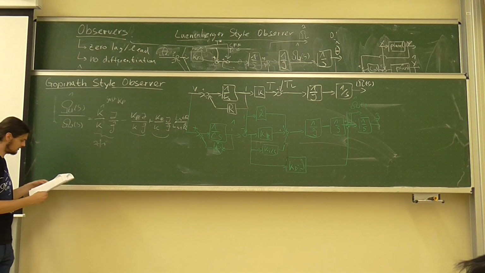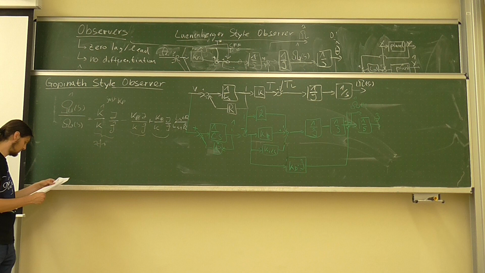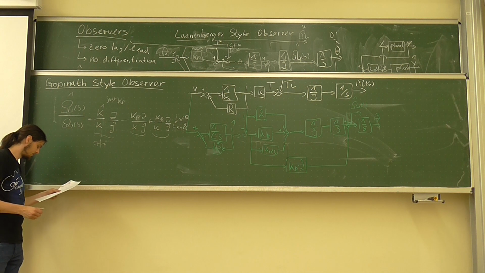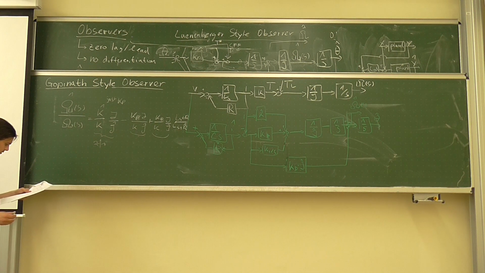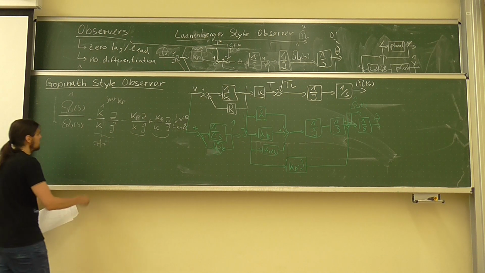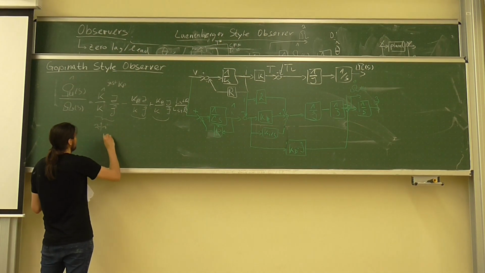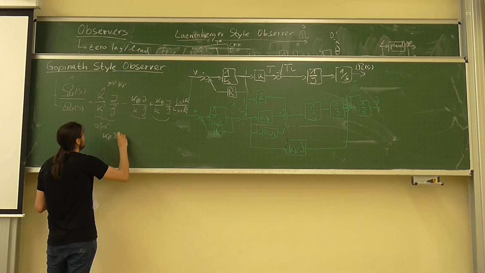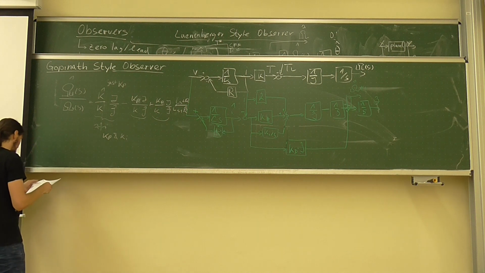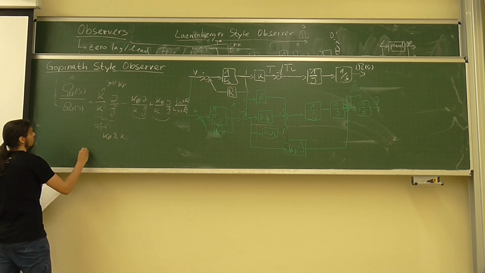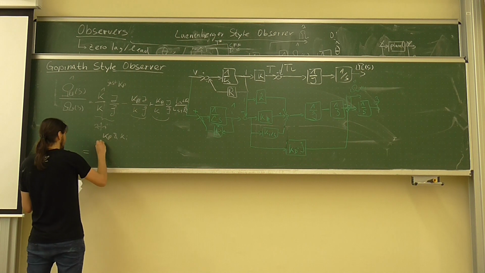And so actually we only did it for KP and KI, and then we didn't look at it. So with KP and KI, it should look like this.